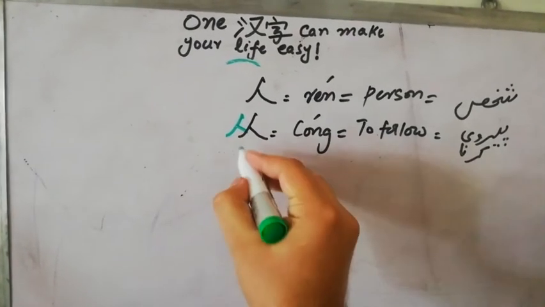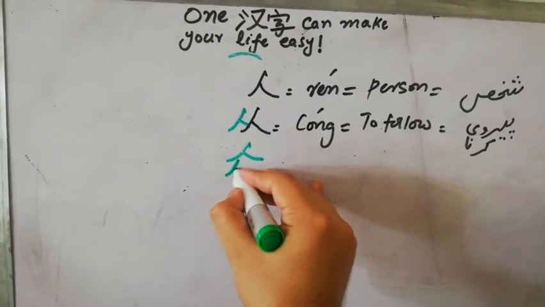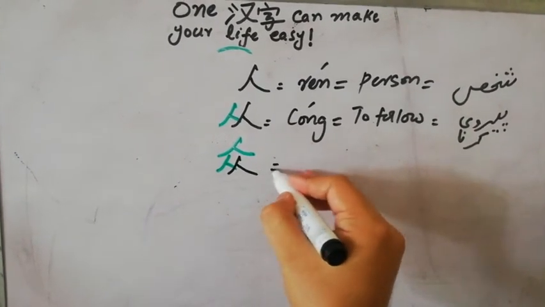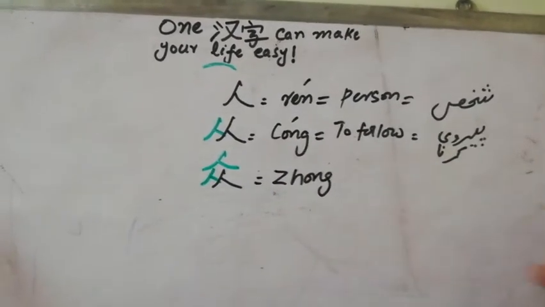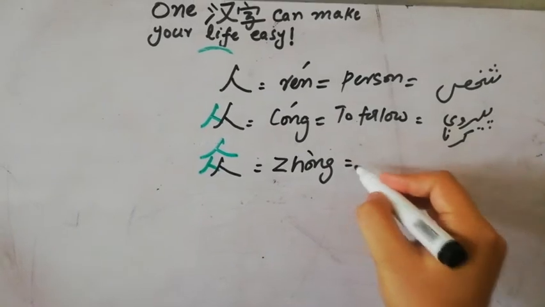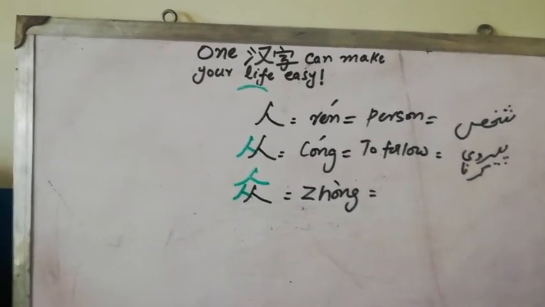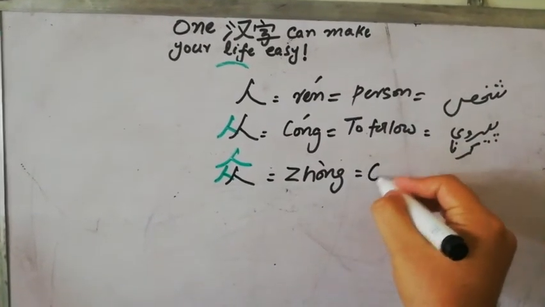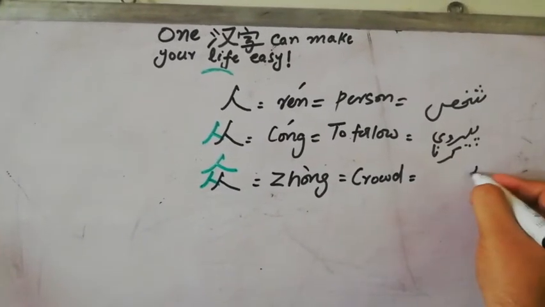Now I'll add something more in the form of strokes of the Chinese language, and you will see how it becomes different. This one becomes zhong. Zhong means crowd. Hujum in Urdu.